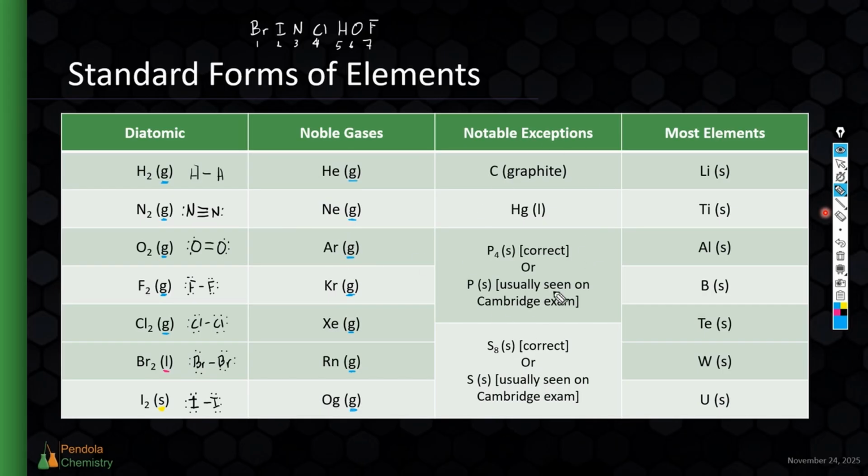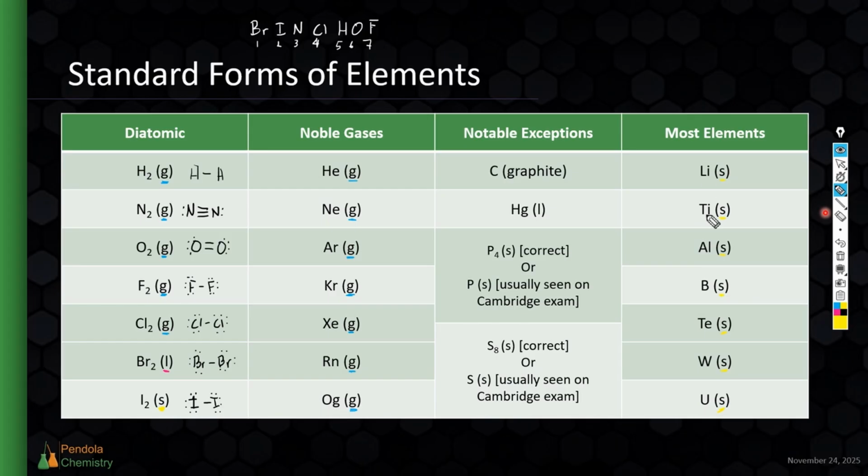Now I want to jump over the exceptions for a second and look at most elements. Most elements are very similar to the noble gases, only that they're solids instead of gases. For most elements, we're going to have solids at room temperature, and that's because most elements, 80% of the periodic table, are metals. Metals are always solid.